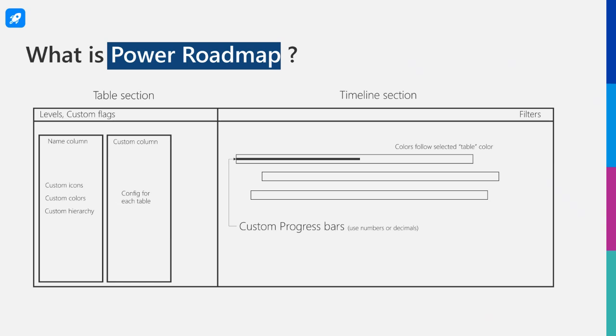And you can also set up custom columns. And this is where it really comes in handy because you can have different custom columns from different tables shown in the same column. And on the right, you will have a timeline section where you can basically show the progress based on work items. And it doesn't matter if it's an initiative or it's a task. We can roll that up to any level, basically.